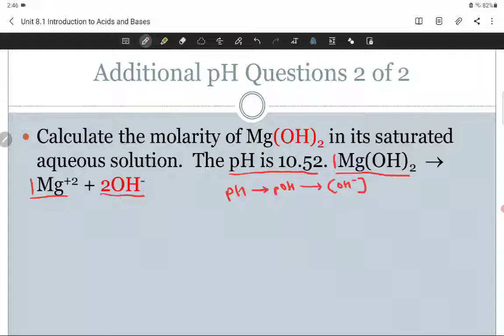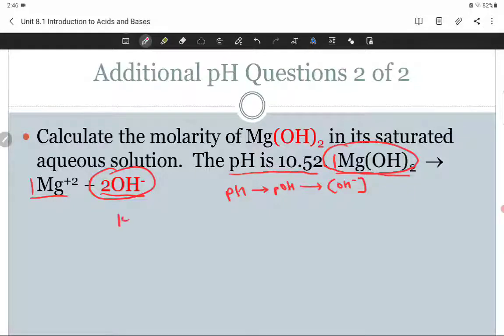But that hydroxide is not the same thing as magnesium hydroxide, because there are 2 hydroxides for every 1 magnesium hydroxide. So at the end, to get the magnesium hydroxide, you will have to divide by 2.